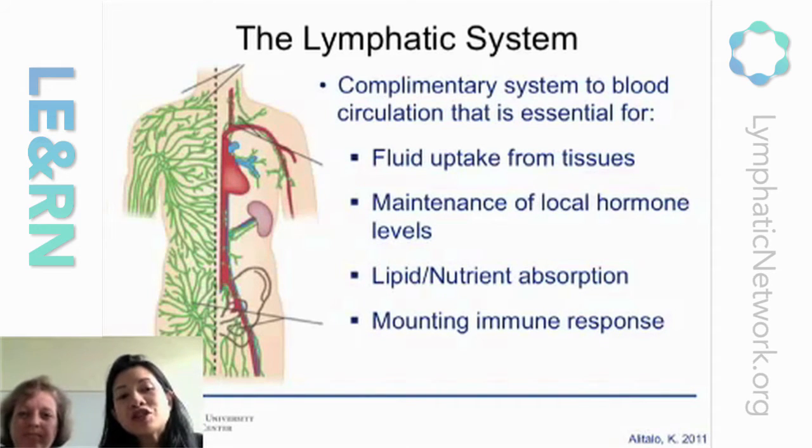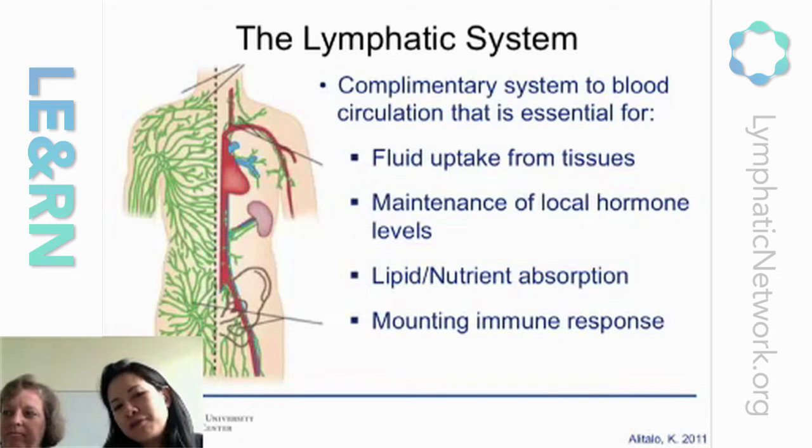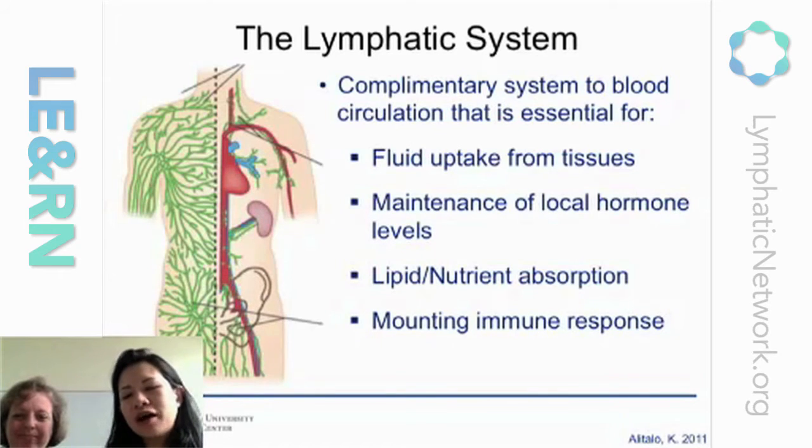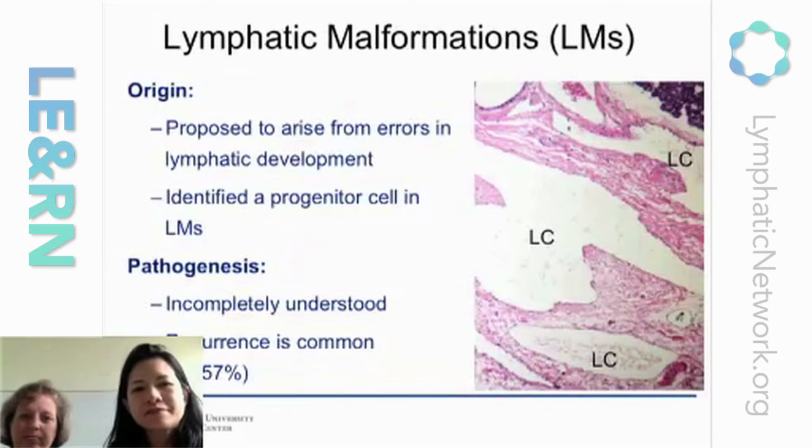So you can imagine that if that process is disrupted and our immune cells cannot get these antigens to the lymph nodes, we are at risk for infections that we cannot fight. That is actually a complication for a lot of patients with lymphatic malformations. They're at risk for infections, cellulitis, and even in severe cases, sepsis.